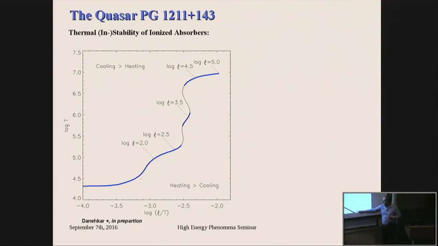When the slope of this curve is positive, the gas in this region is stable, or in thermal equilibrium. This means cooling and heating are in balance. So in this thick blue region, the gas is unstable. So the absorber component could exist only in this region, not in this region where it is unstable.